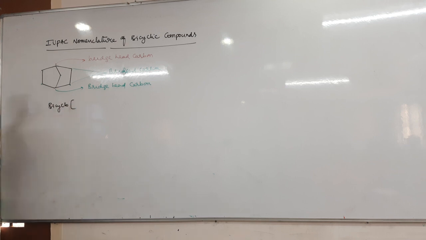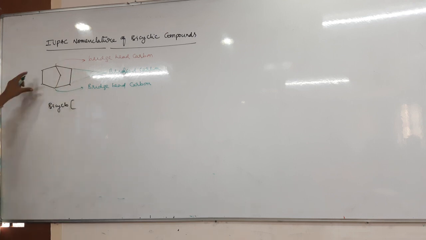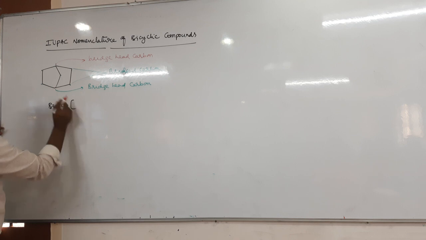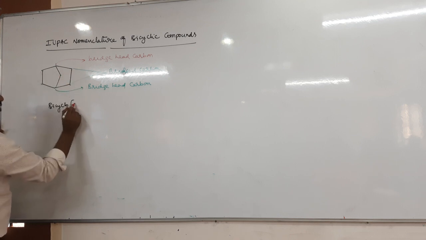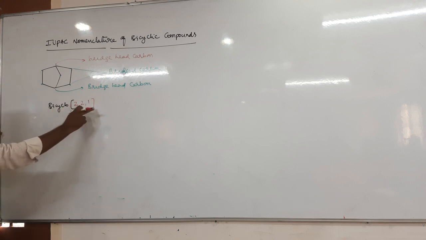There are two bridgehead carbons, and the bridged carbons are 2, 2 and 1. It should be in descending order: 2, 2, 1. Bicyclo 2,2,1.